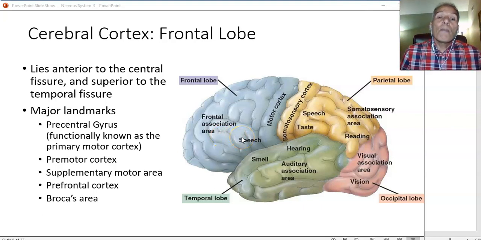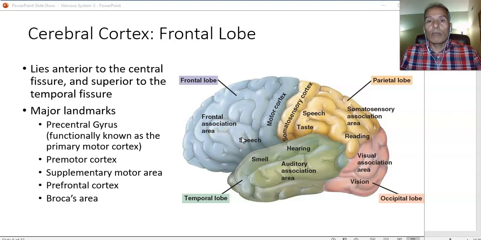Someone with the name Korbinian Brodmann, many decades ago, like 1910 or something like that, divided the cortex into about 52 anatomic areas, based on the thickness and the kind of cells of the cortex and so on.